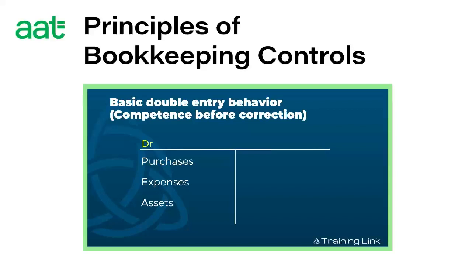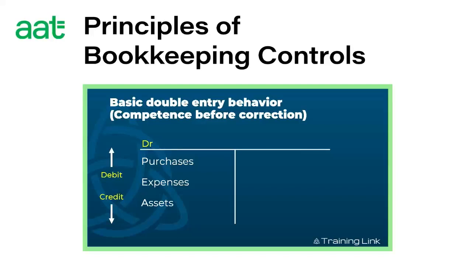Okay, so we can see on our T account here that on the debit side, we have the categories purchases, expenses, and assets. Now, these particular accounts will increase in value when we debit them, and they will decrease in value when we credit them.